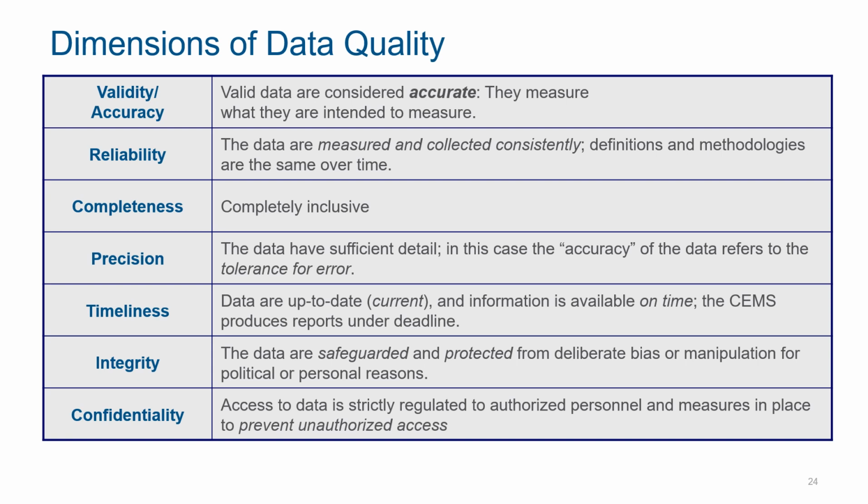These are some of the dimensions of a data quality audit, things you should be checking: validity, accuracy (is our situation accurate?), reliability, completeness, precision, timeliness, integrity, and confidentiality. By confidentiality, is access to data strictly regulated to authorized personnel, with measures in place to prevent unauthorized access?